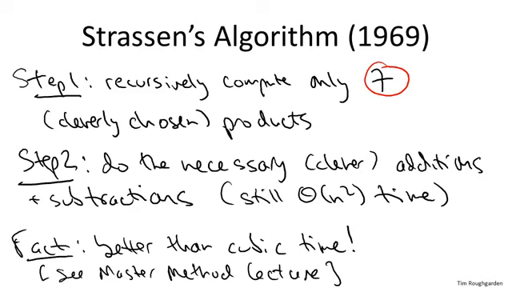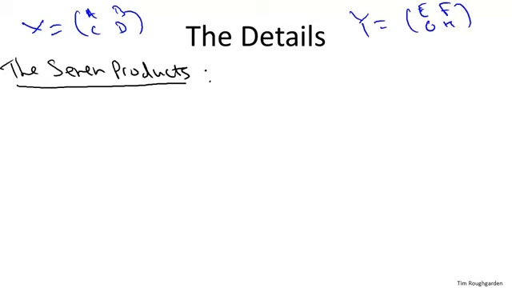So here is Strassen's algorithm in its somewhat gory detail. Let me tell you what the 7 products are that we're going to form. I'm going to label them P1 through P7, and they're all going to be defined in terms of the blocks of the input matrices X and Y. Let me remind you that we think of X in terms of its blocks, A, B, C, D, and we think of Y in terms of its blocks, E, F, G, H. And remember, A through H are all n over 2 by n over 2 submatrices.